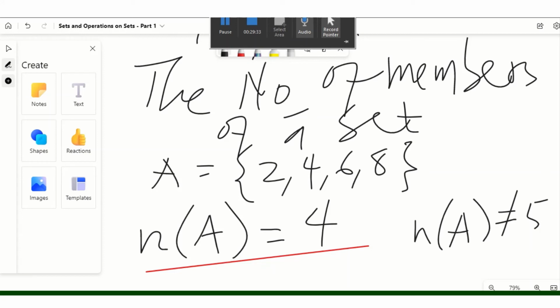You get it? We are just trying to extrapolate what we've learned already. If you cross the line, this means that N(A), the number of members of the set A, is not equal to 5. That's what it means.